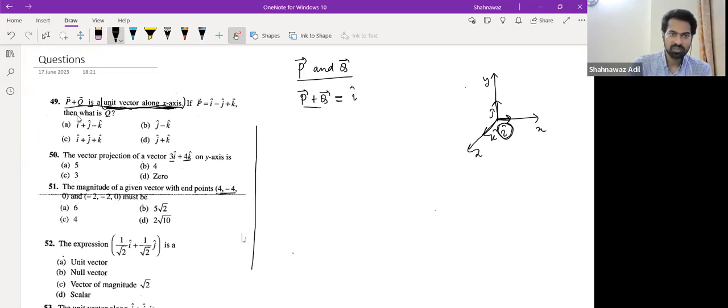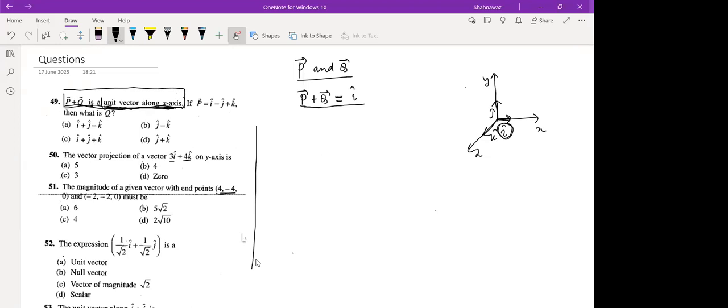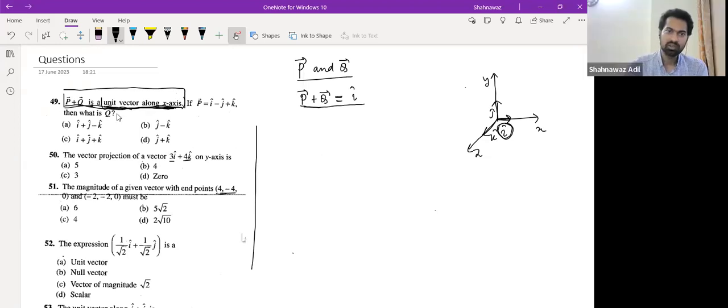So does this equation represent this information, that P plus Q is a unit vector along x axis? Yes, sir. So this is the meaning of these sentences. But the value of P is given, so we can put the value of P in this equation.